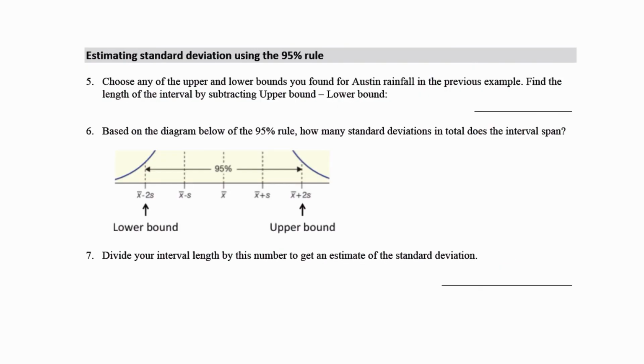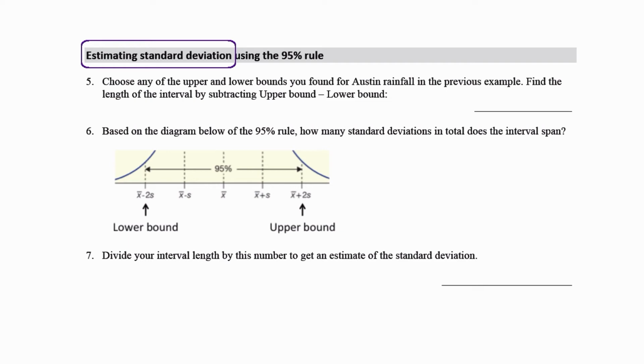A very common reason for wanting to calculate that center 95% or to estimate that center 95% is to use in estimating standard deviation. If we know that the center 95% covers everything from 2 standard deviations below to 2 standard deviations above the mean, we can then use this interval to estimate the standard deviation.